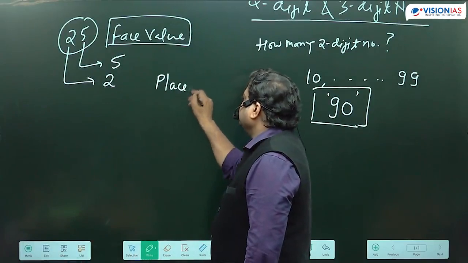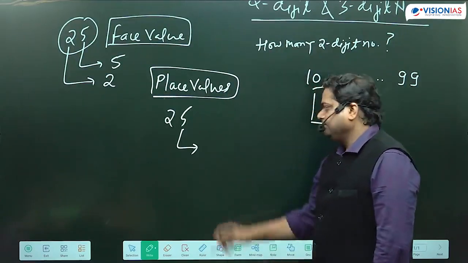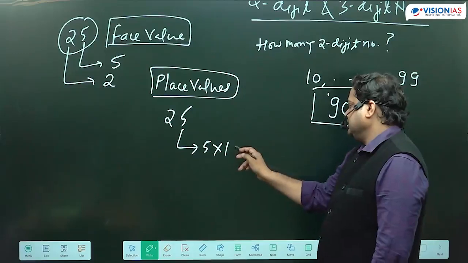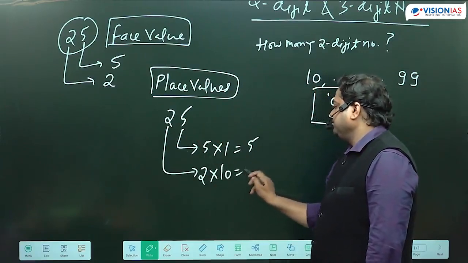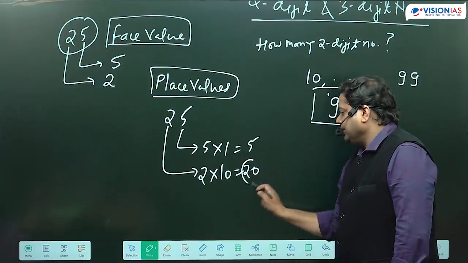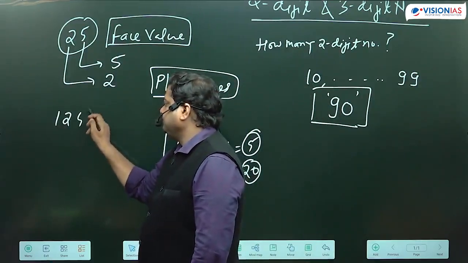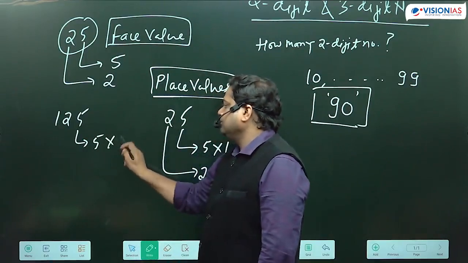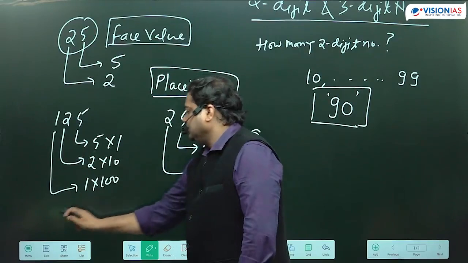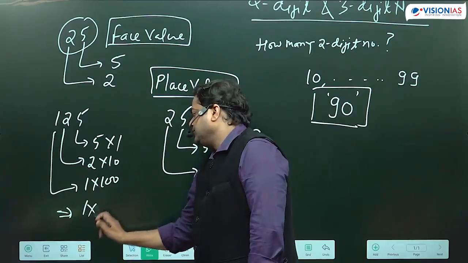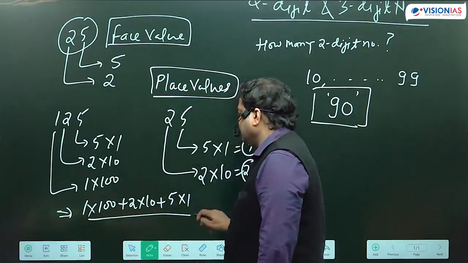Then after we have place values. सो 25 में 5 की प्लेस वैल्यू 5 इंटू 1 फर्स्ट प्लेस, 2 की प्लेस वैल्यू 2 इंटू 10th प्लेस पे है ये 20, दैट इज वाई वी रीड 25 because of the place values. 125: 5 की प्लेस वैल्यू, 2 की प्लेस वैल्यू, 1 की प्लेस वैल्यू 100. एंड द नंबर ऑफ प्लेस वैल्यू क्या हो जाएगा 1 इंटू 100 प्लस 2 इंटू 10 प्लस 5 इंटू 1, 125.